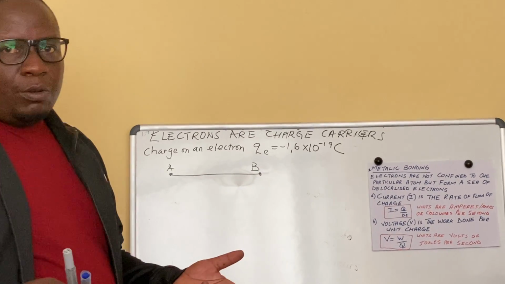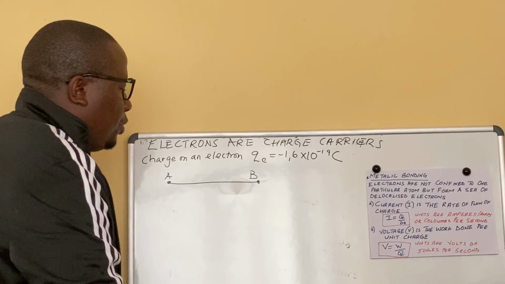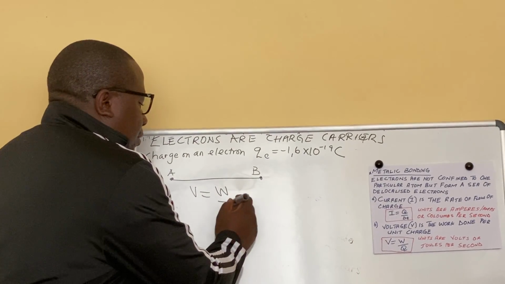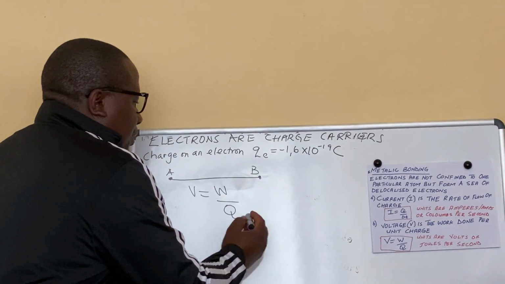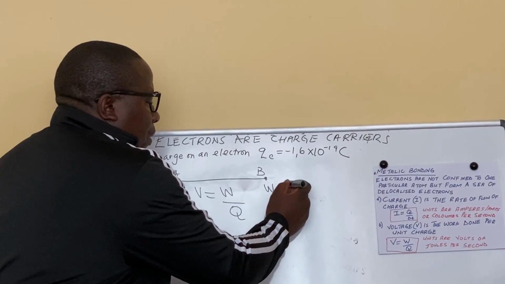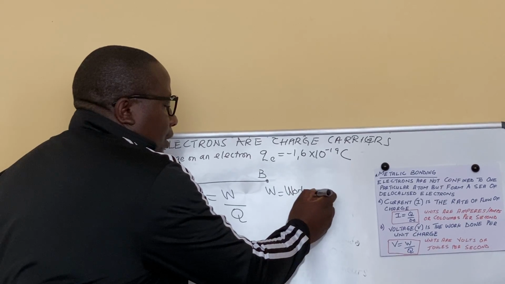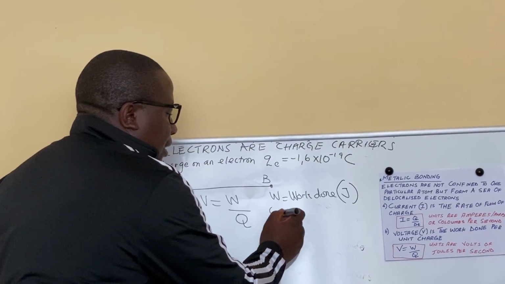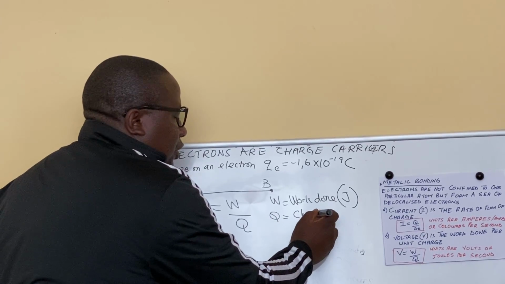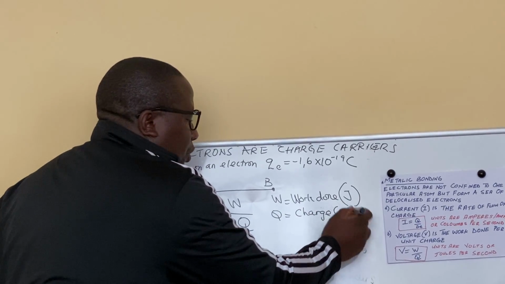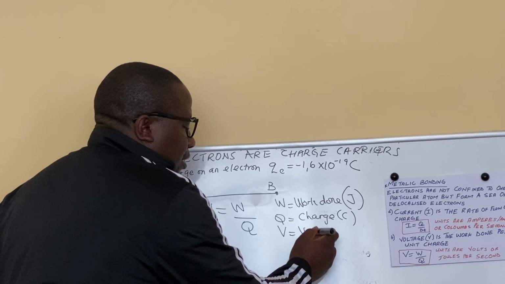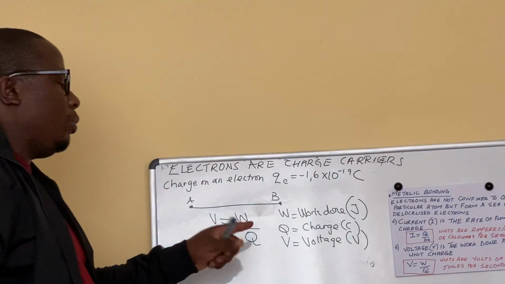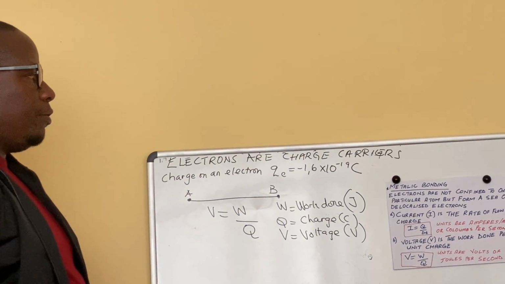It is measured in volts, or in joules per coulomb, because the formula is V is equal to W over Q. It is the work done per unit charge, where W is the work done, measured in joules, and Q is the charge, which is measured in coulombs, and V is the voltage, which we measure in volts or joules per coulomb from the formula there.